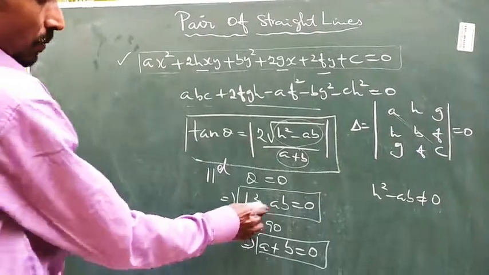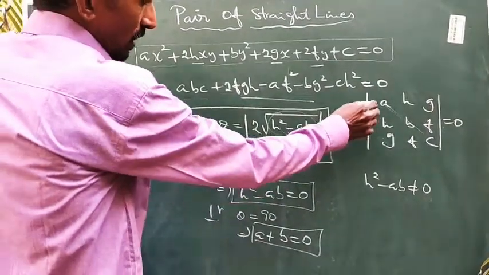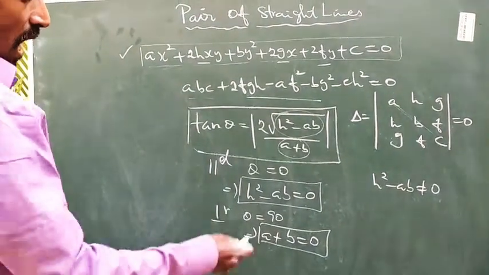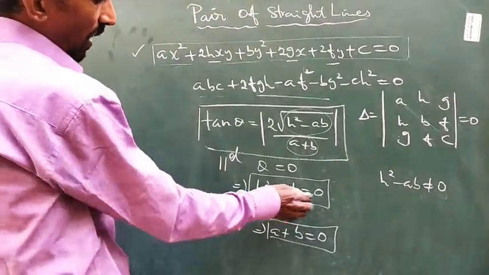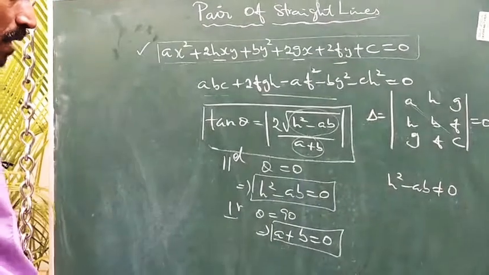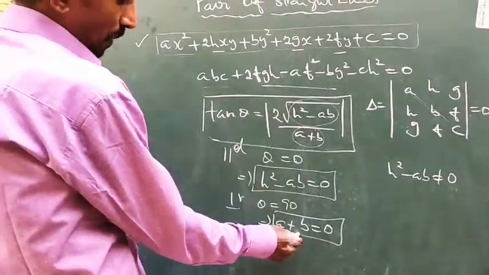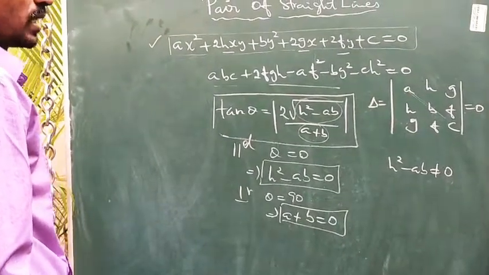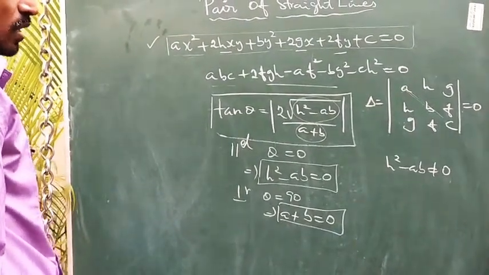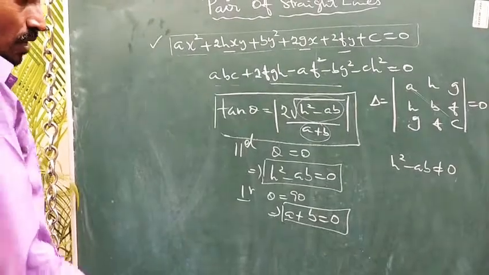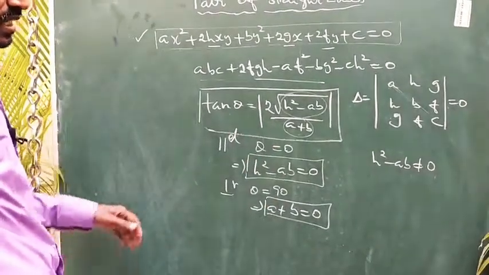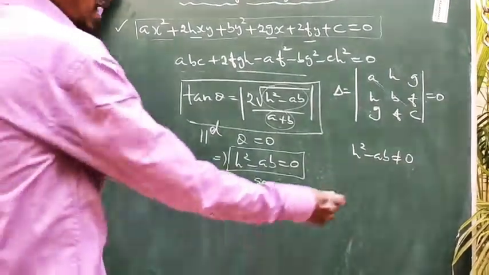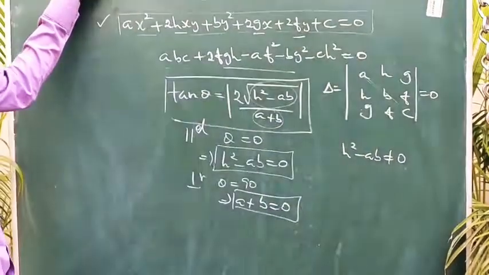So if the determinant value delta is equal to 0, it represents a pair of lines. In that way, particularly if h² - ab equals 0 it represents parallel lines. If a + b equals 0, it represents perpendicular lines. If we want to prove they are intersecting lines, generally h² - ab not equal to 0, then they represent intersecting lines.